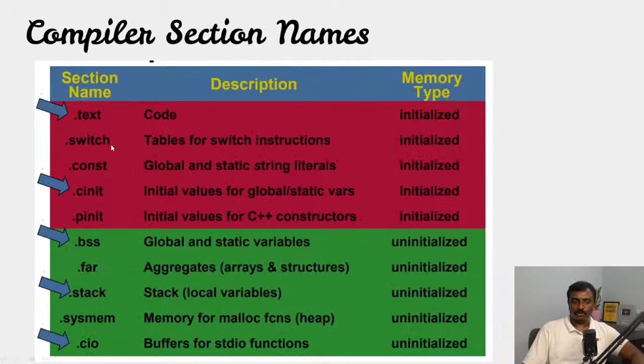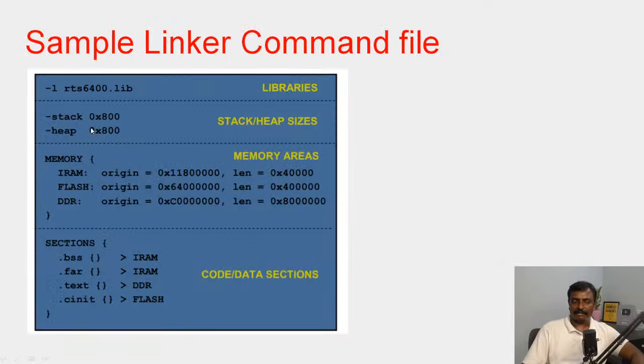You have to divide these sections first, and then in the linker description file you list the memories available on your embedded system. For example, your embedded system can have SRAM, DDR, flash memory or DDR2.